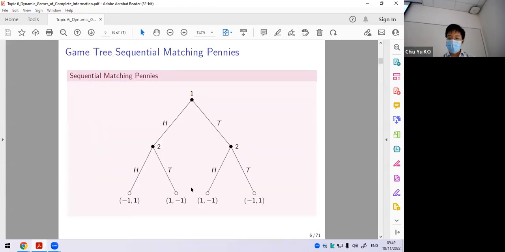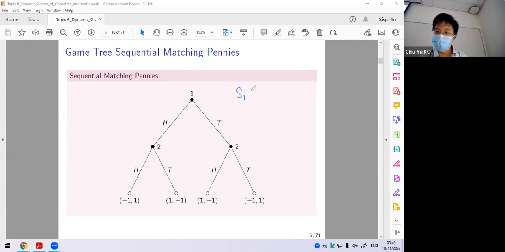And strategy here: for player one, it's just left and right, but player two will depend on seeing head, what we're going to do, and seeing tail, what we're going to do, right? So just to remind you how you write it, that one I'll upload after the class, you would have to write this, right?